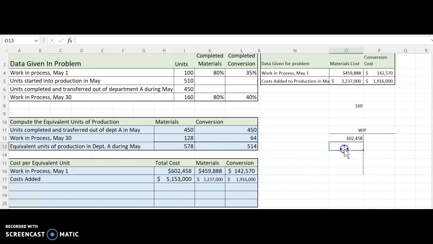So it would go up under your beginning balance. So again, we know our total cost here. We just don't know how to apply this total cost, so that is why we're doing this. And then now we just add the costs that we came in with to the costs that we added during the period. And we're just going to do this for each column here.